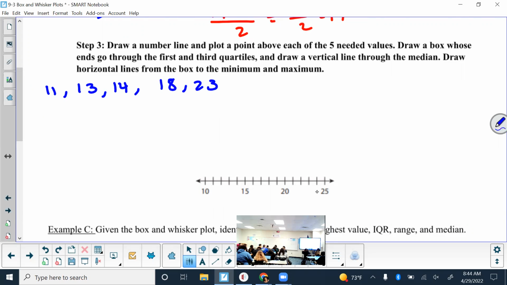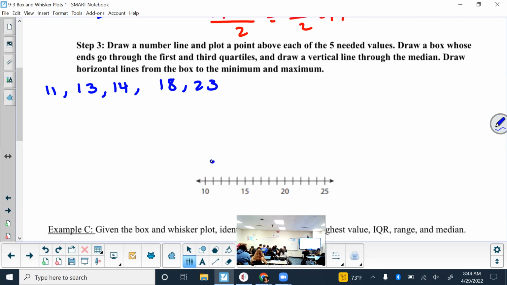Yes, it ends at 25. So that's good. It doesn't need to be unnecessarily huge. Like I don't necessarily need a scale from 0 to 100. All right, this is a good number line to have. They have it numbered by ones, but they only labeled every 5. That's perfectly fine. So then put dots over these 5 needed values.